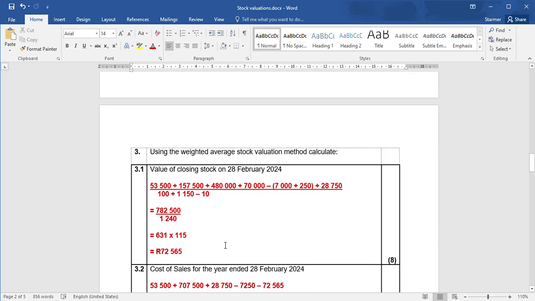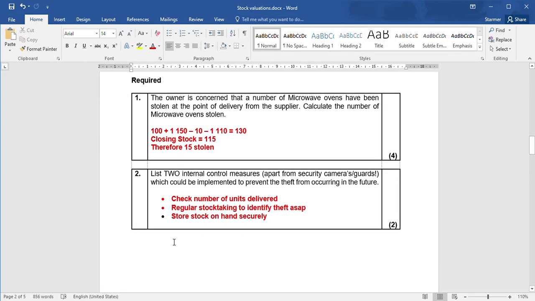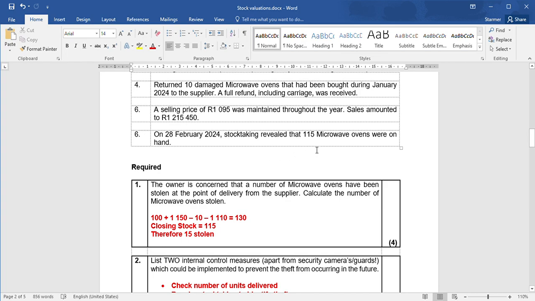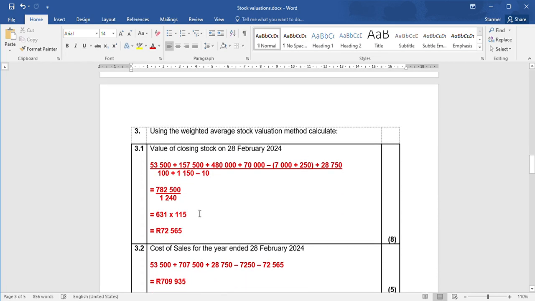You then calculate that, comes to 631 Rand and a few cents, round off to the nearest Rand there. You are told at the top here that you've got 150 microwave ovens on hand, so you multiply the average price by the number of units closing stock, and that gives you your closing stock value.